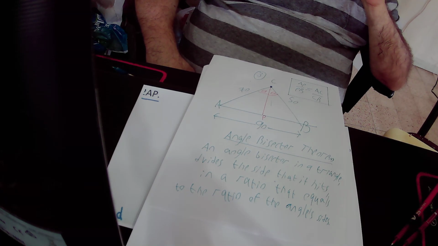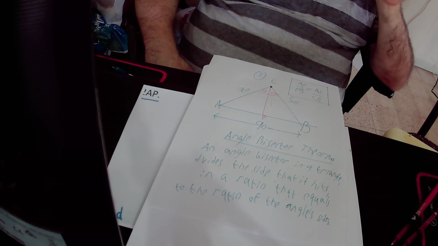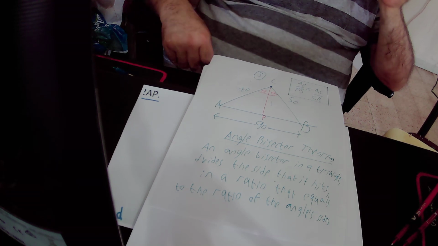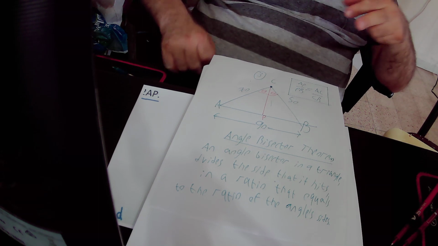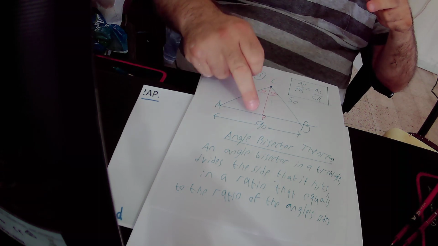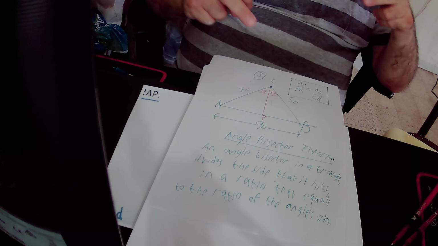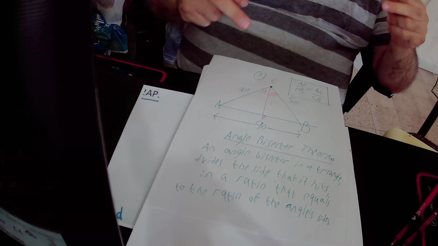So I will repeat the explanation again. In our example, CP is an angle bisector in triangle ABC.